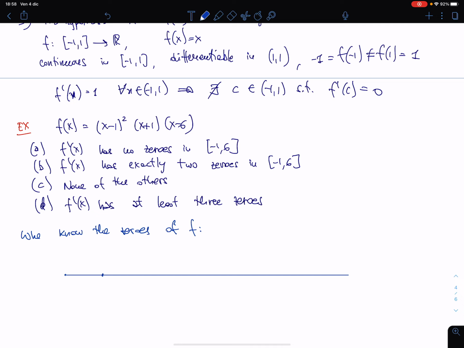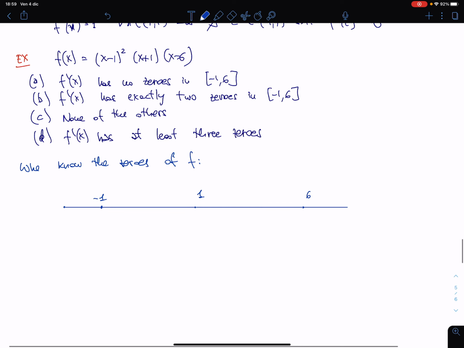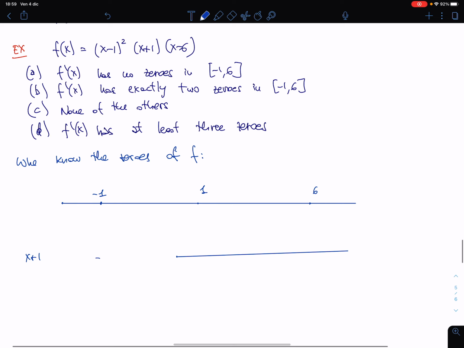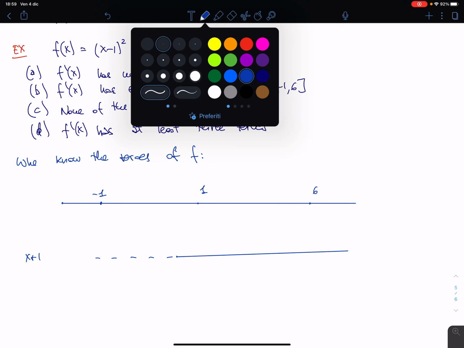Okay, so here you have the points minus 1, 1, and 6. And look at the signs. X plus 1 is positive after minus 1, and before it is negative, so signs here are minus and plus.